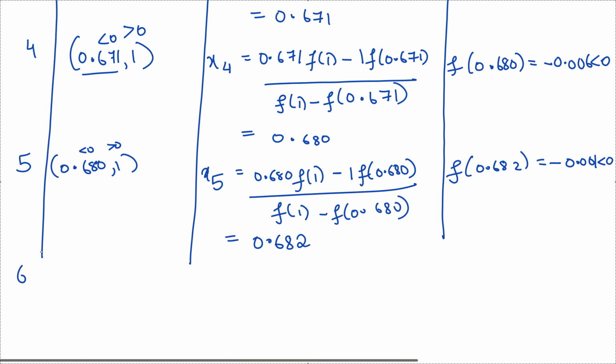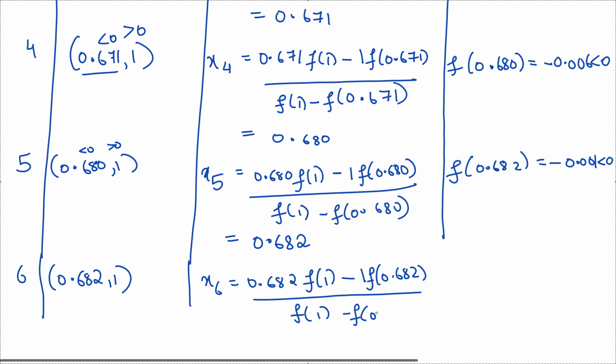Now x6 is 0.682 into f of 1 minus 1 into f of 0.682 divided by f of 1 minus f of 0.682, which is nothing but 0.682 again. So we are again getting 0.682, so we don't have to find this again.